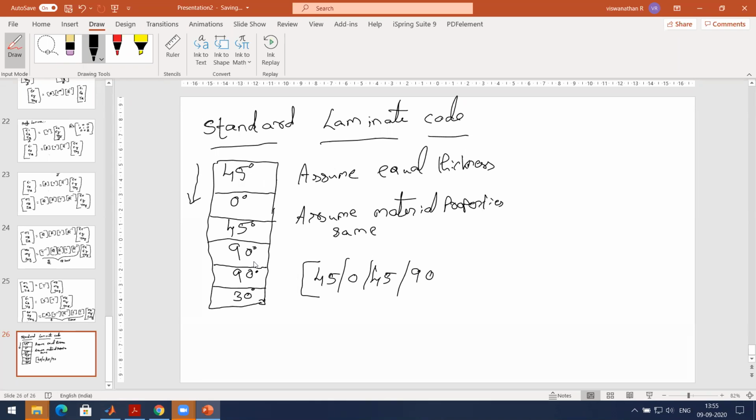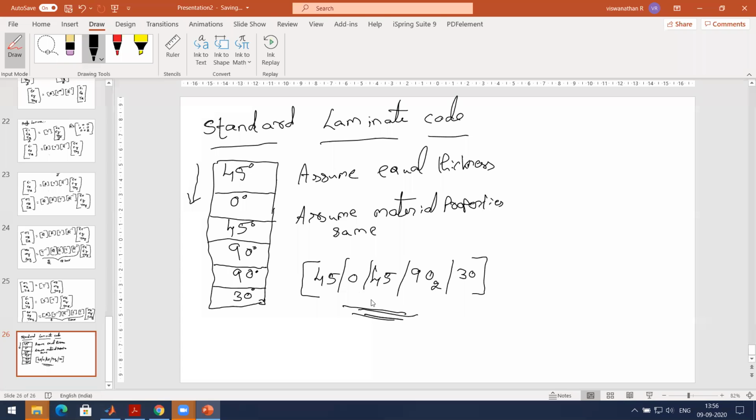You have 90 two times consecutively, so just put a 2 here, and then 30, and then close the bracket. So this is how you represent a laminate code for this sequence: 45, 0, 45, 90 two times, and then 30. This makes the laminate.